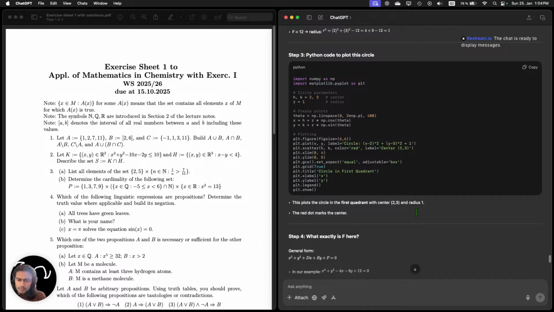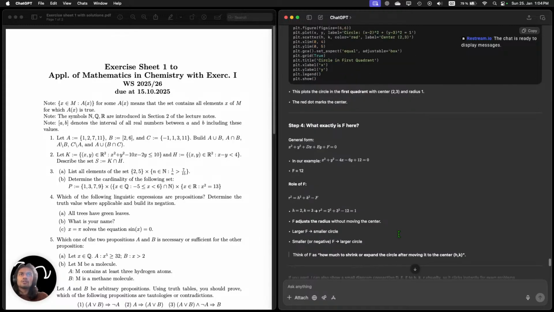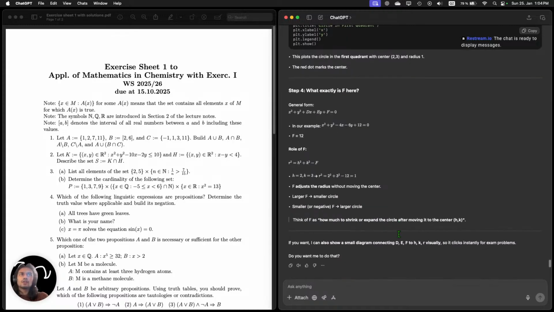No. F is 12. So larger the f, smaller the circle, smaller the f, larger the circle.